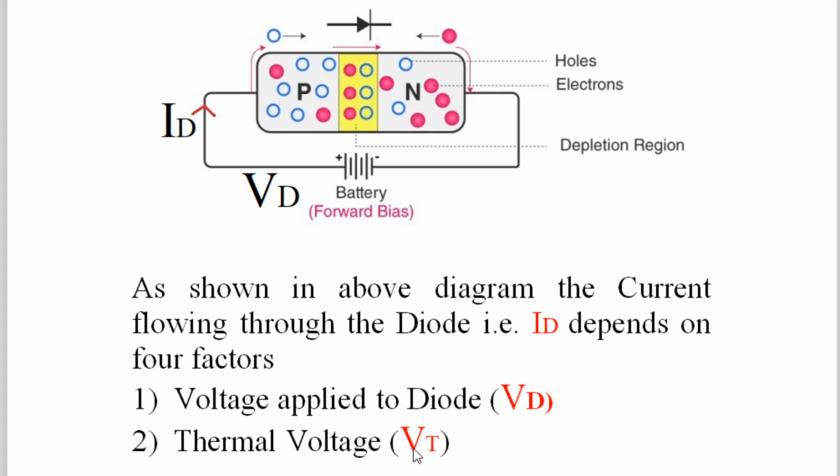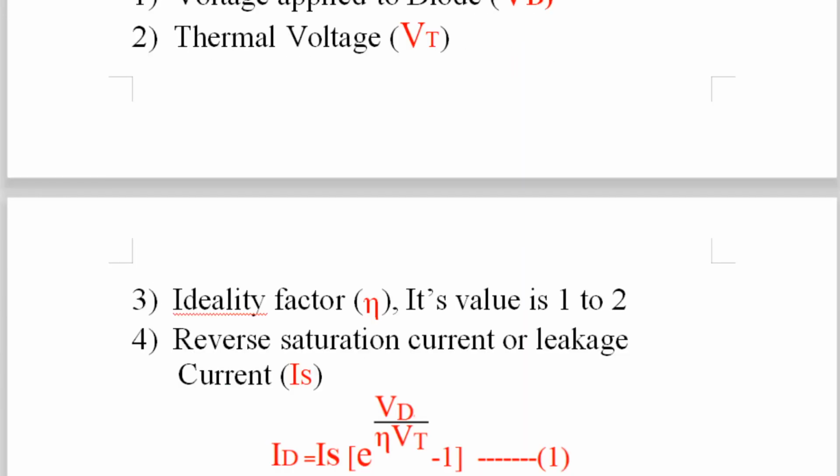This is the thermal voltage, the voltage developed inside the diode because of internal heat and electron excitations. V for voltage, T for thermal. It is given by the equation VT equals K times T divided by Q. We'll come to that point.